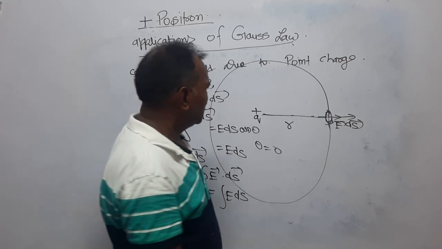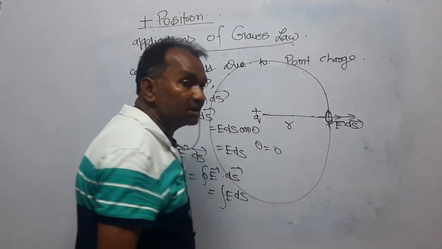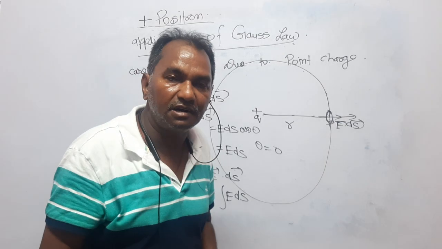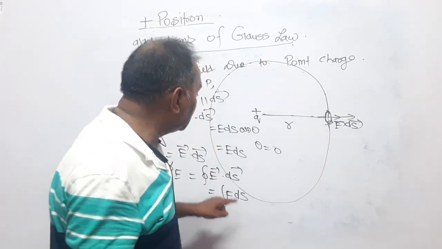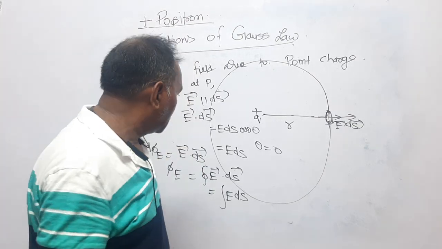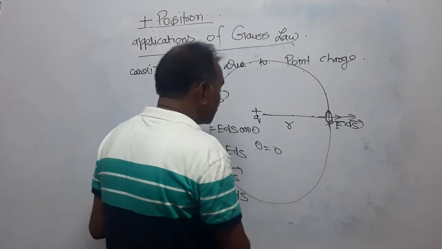Now dear students, look here, each point on the surface of the sphere is at equal distance away from charge q, at a distance of small r. That is why E is a constant. A constant you can take out of the integration.